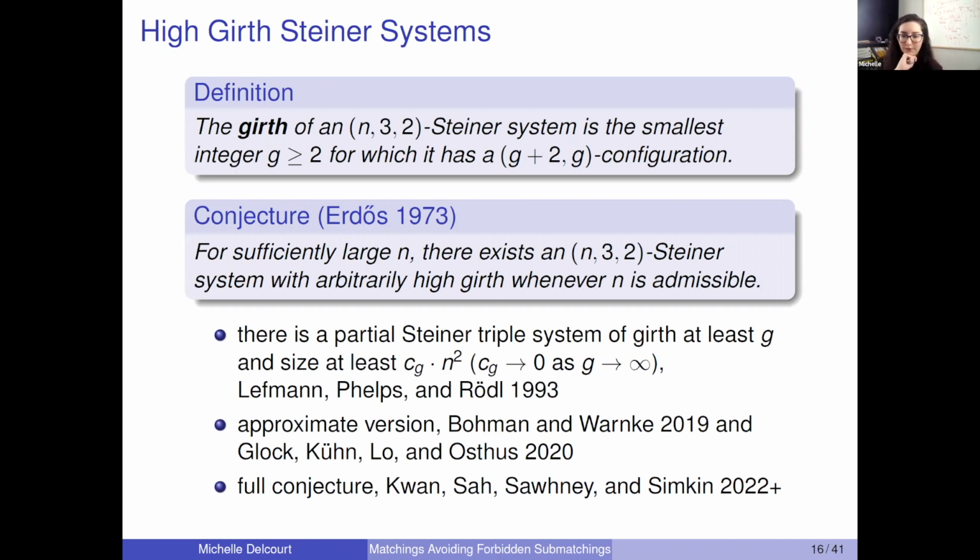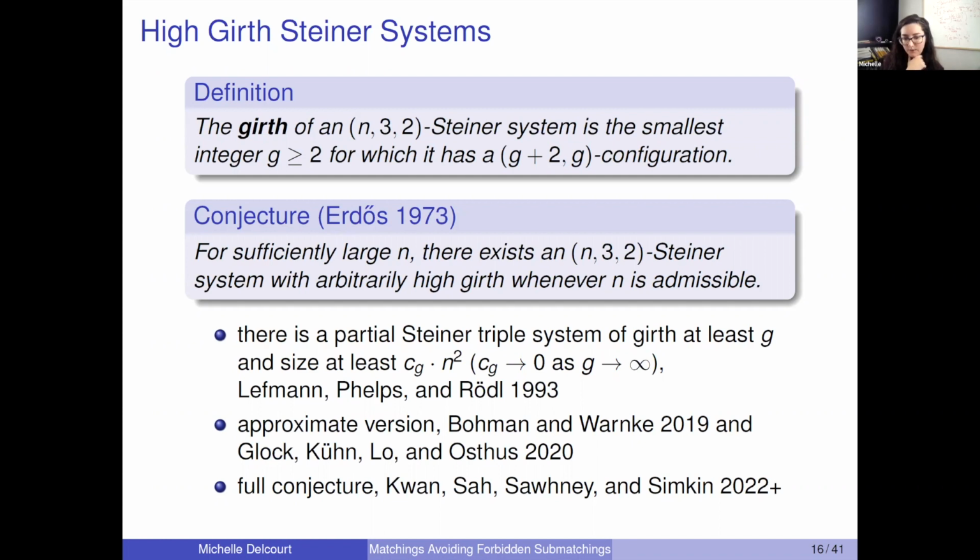So this was fully resolved in January, and this lovely paper was sort of what got us thinking. So I should mention that the approximate versions were a few years earlier by Bohman and Warnke and Glock, Kühn, and Osthus independently. And they're using some sort of randomized greedy approach here.